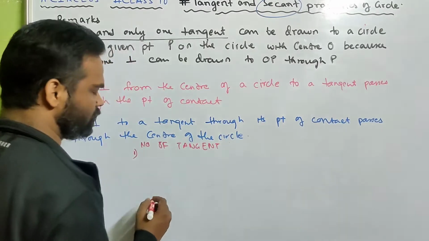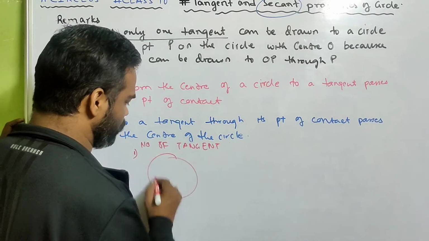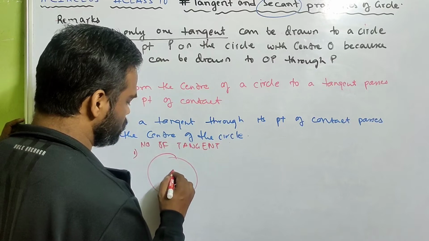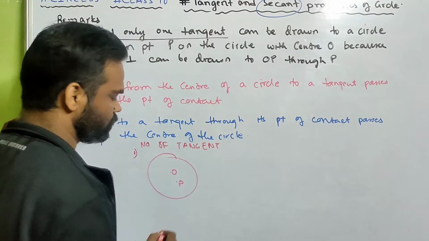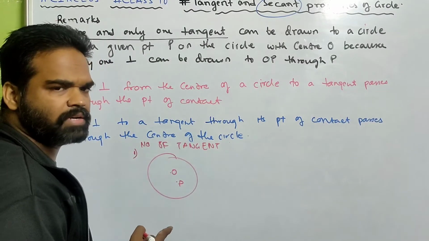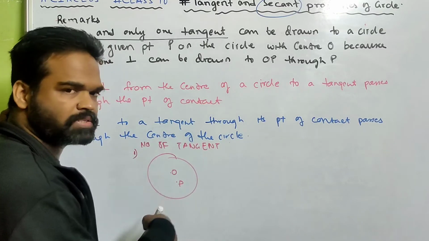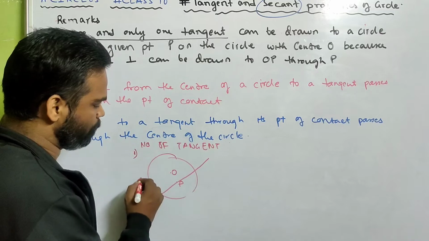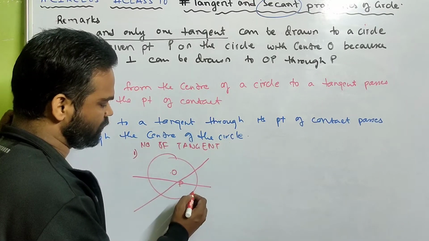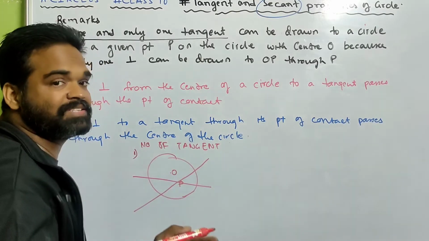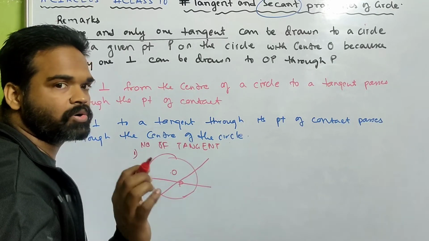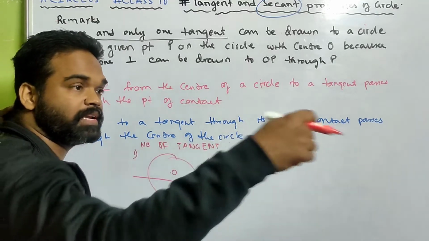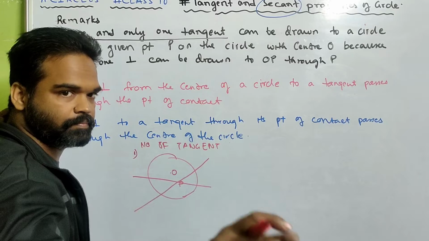I'll take a point inside the circle. Then can we draw any tangent from the point P? No, never, because any line which passes through this point P will be a secant, it won't be a tangent. So you can't draw a tangent from a point inside the circle.